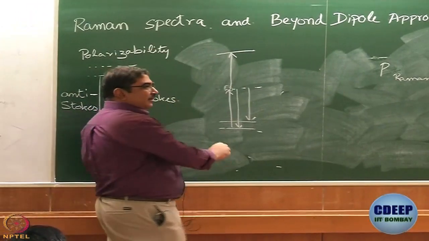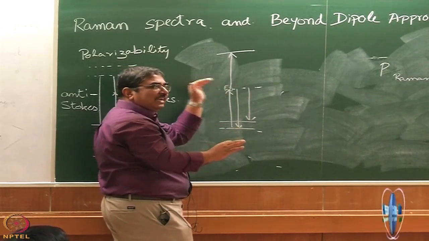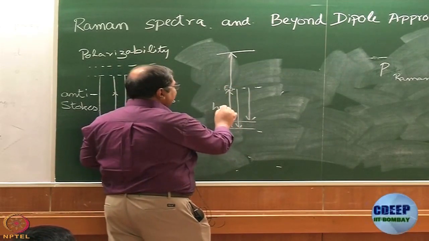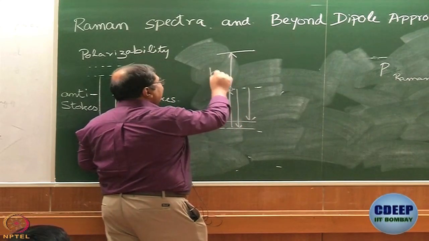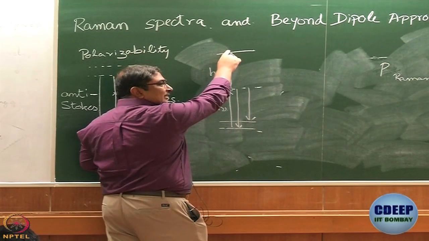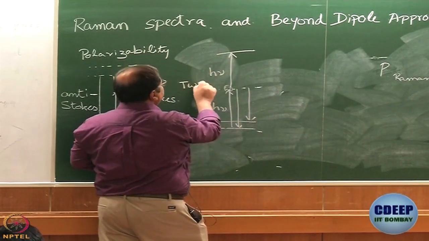Okay. So, typically the wavelengths would be the same. So, this virtual state would be somewhere exactly in the middle. So, what we are saying is you have one photon taking it from a stationary state to a virtual state, another photon taking it to this state. Okay. This is called two photon absorption.